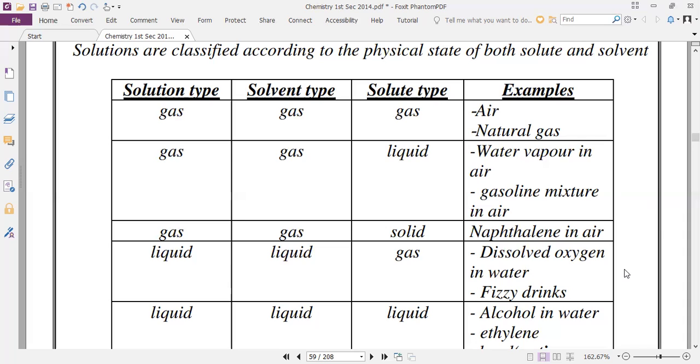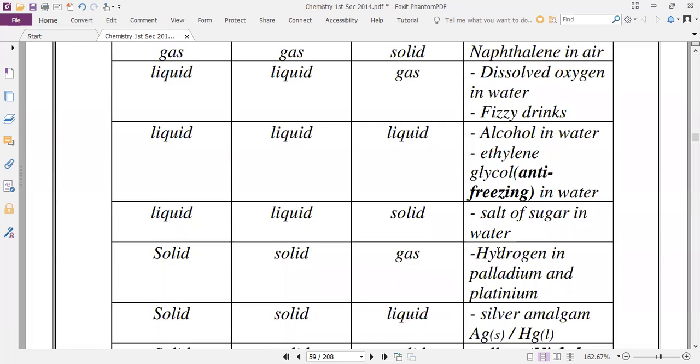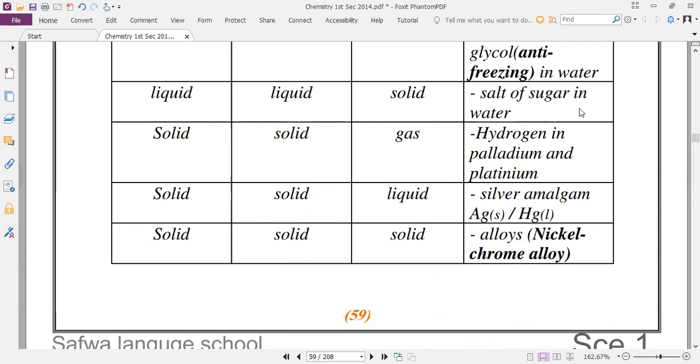This effervescence is due to the presence of carbon dioxide gas in Pepsi in the form of carbonic acid, H2CO3, which can be decomposed easily into H2O and CO2, which evolves. Liquid in liquid, as alcohol in water, or ethylene glycol in water, anti-freezing. Solid in liquid is very easy, as salt or sugar in water.